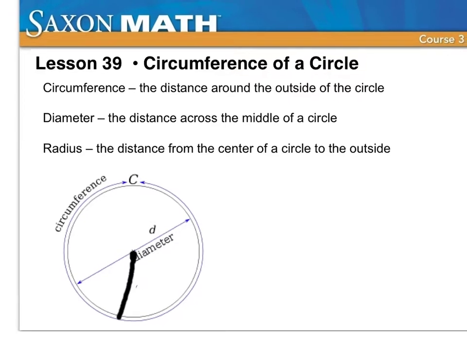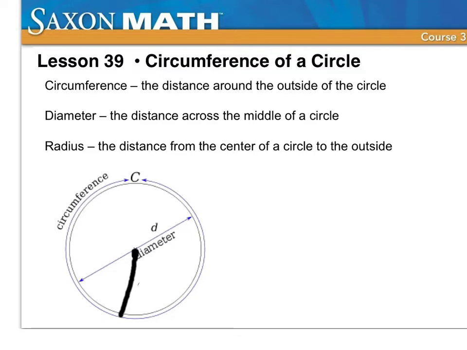You won't be able to read it, so let's rewrite radius here. Okay, R-A-D-I-U-S is the radius. Distance from the middle to the outside. I could go middle to the outside here, middle to the outside here, middle to the outside. Shouldn't matter. It should be the same distance every time.